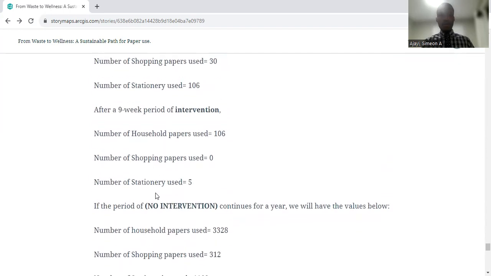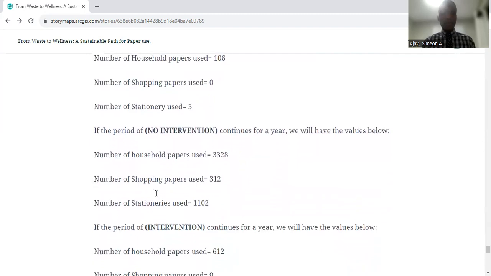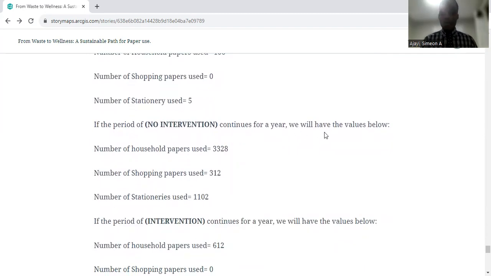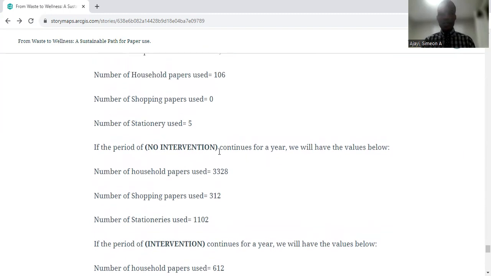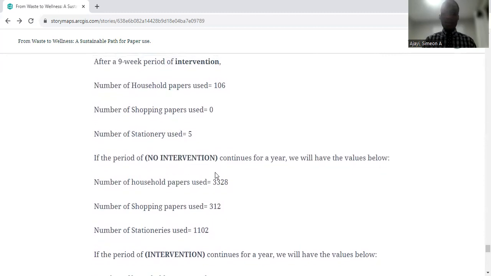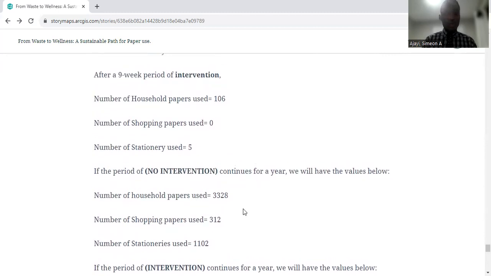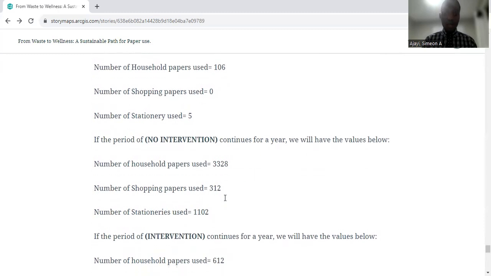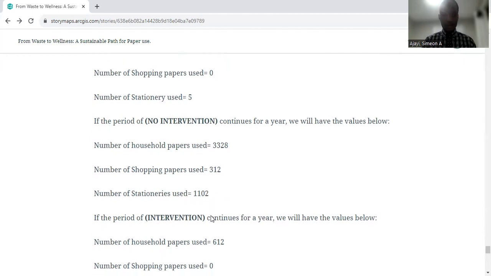All right, so if the period of no intervention continues for a year, we'll have the values below, which means that I will use 3,328 household papers, and then 312 shopping papers, and then stationery, which is 1102.